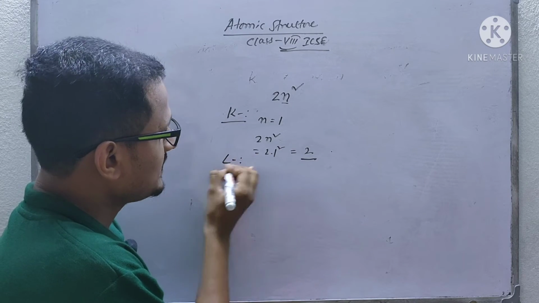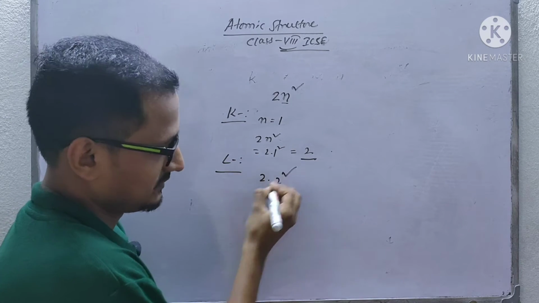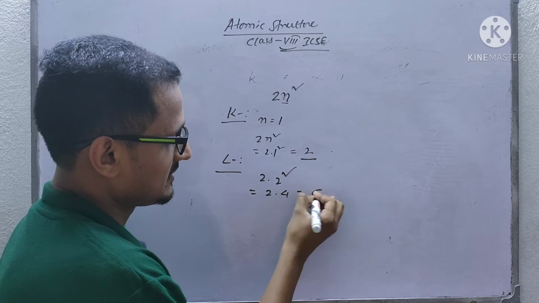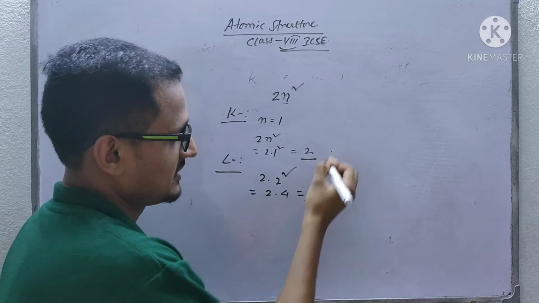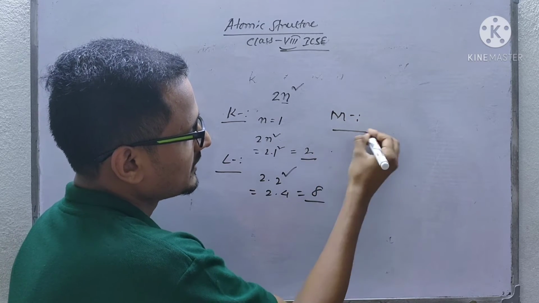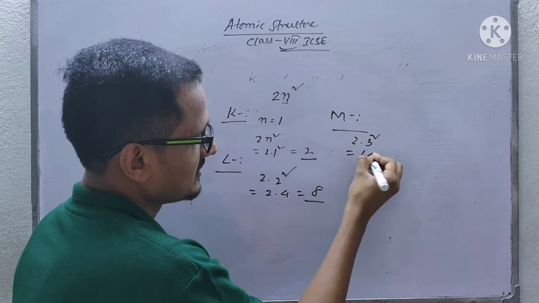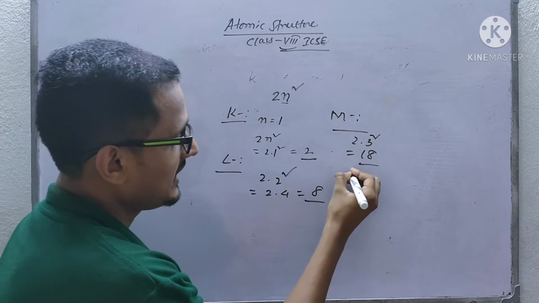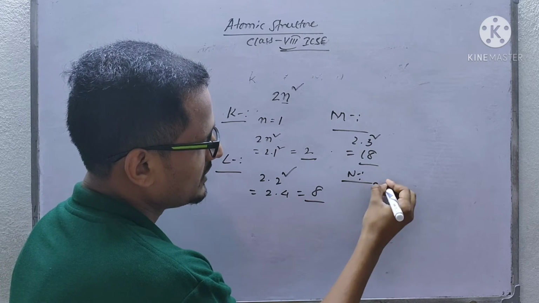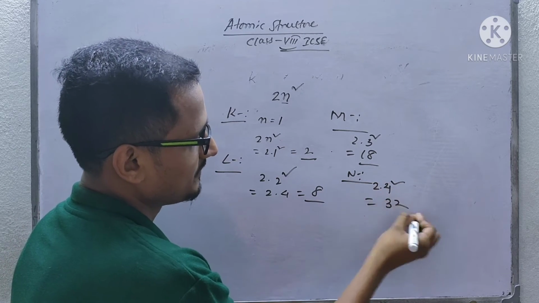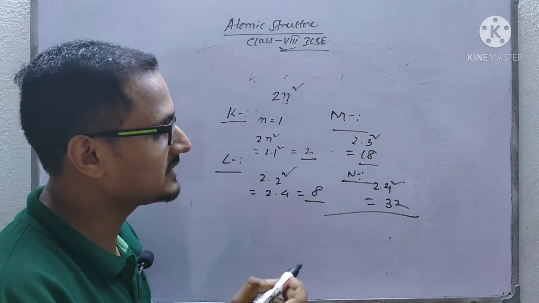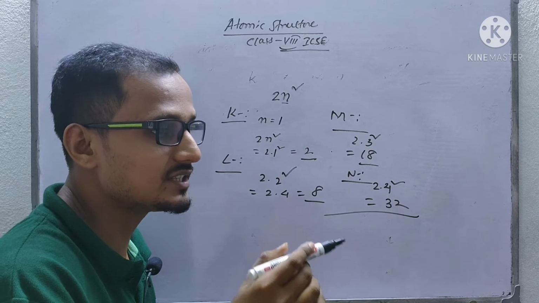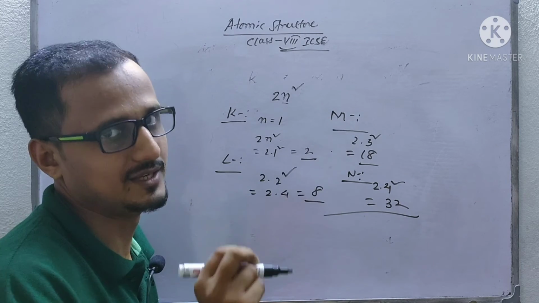For L orbit, 2 into 2 square, that means 8. For M orbit, 2 into 3 square, that means 18. For N orbit, 2 into 4 square, that means 32. Like that, and so on.